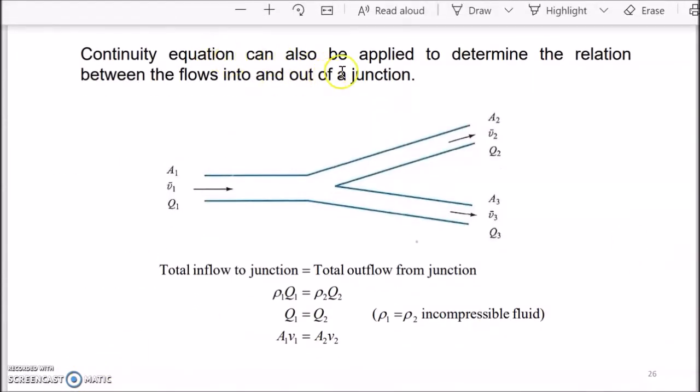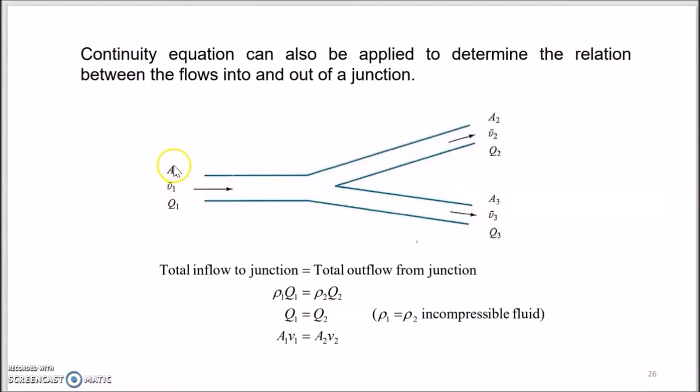The continuity equation can also be applied to determine the relation between the flows into and out of a junction. For example, we have one main pipe inlet with area A1, velocity V1 and flow rate Q1.